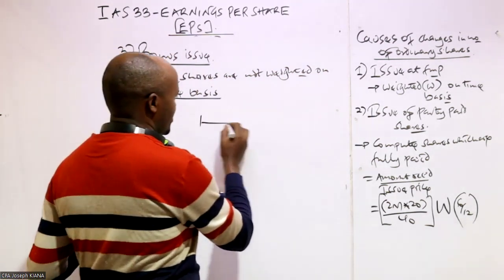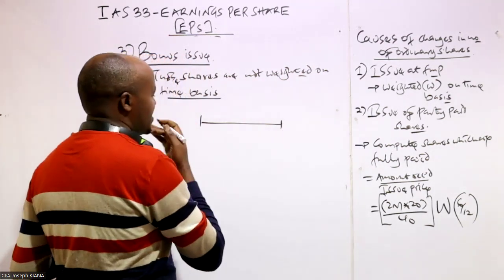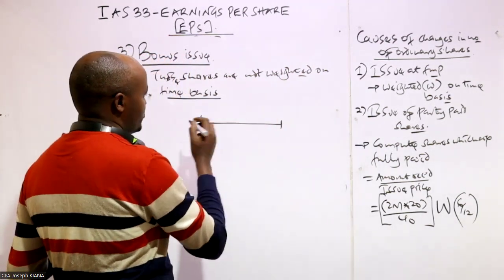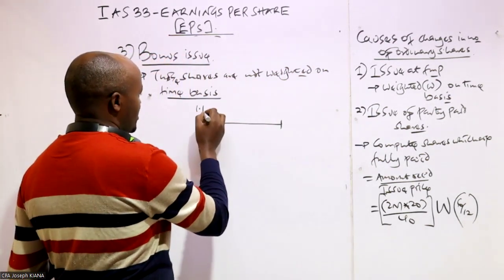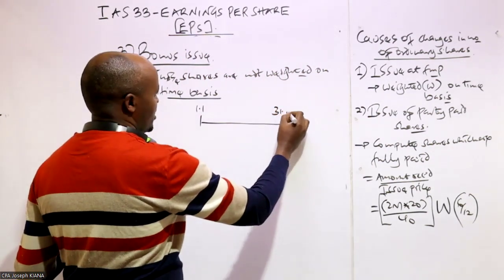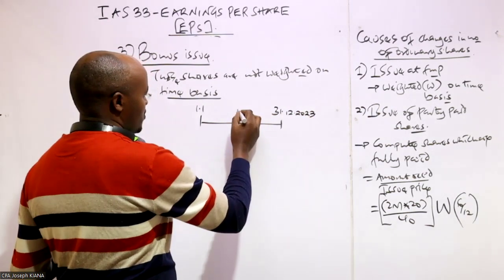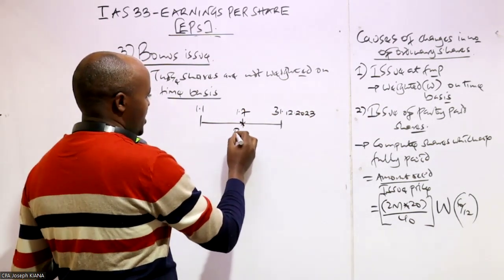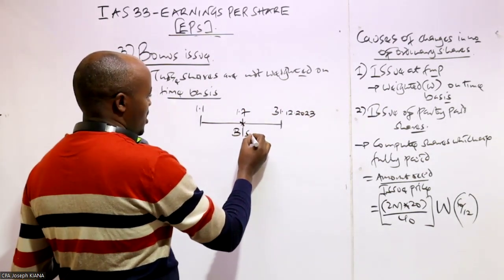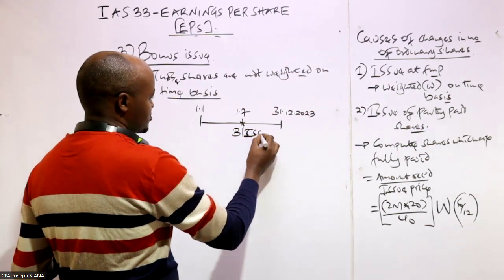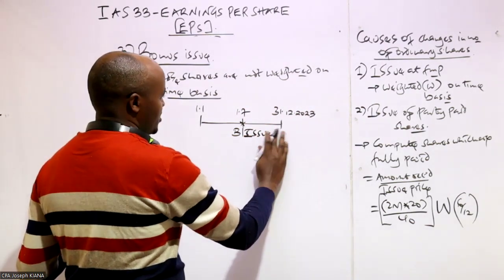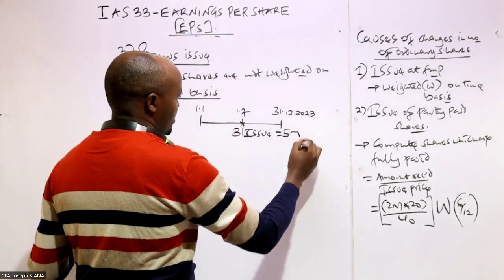Let's assume that you're given information about the year 2023, and we assume the year started on 1st January, ended on 31st of December 2023, and you're told on 1st of July, the company made a bonus issue of maybe like 5 million ordinary shares.